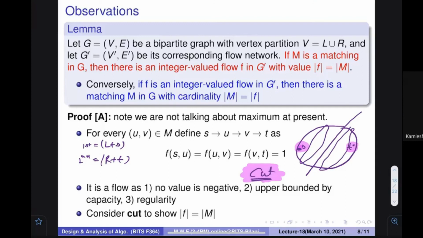And we know that the network flow is equal to the flow across this cut. So how much flow is there across this particular line?